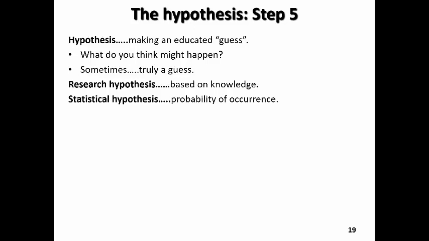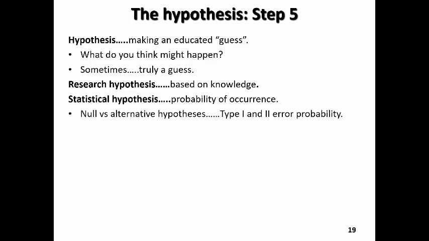And this approach evaluates the probability of an occurrence. And there are two unique statistical hypotheses made in every quantitative approach that are using statistical inferences. And that's the null hypothesis and the alternative hypothesis.